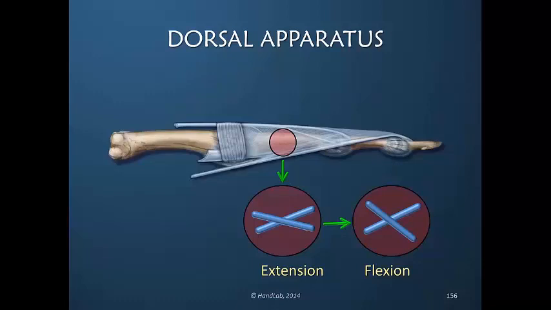Because the lateral aspects of the dorsal apparatus move laterally and volarly during normal finger flexion, the dorsal apparatus will accommodate the contour that's created during finger flexion.